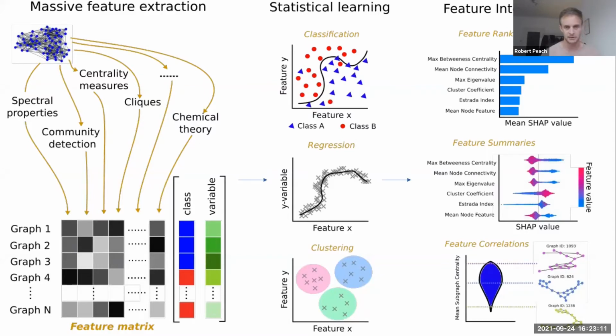If you use a deep learning method, it's very hard to get an interpretation of why you've made a particular classification. There are graph neural network explainers, but even with those, they're still quite black box, and it's very difficult to fully explain why you've made a particular prediction.